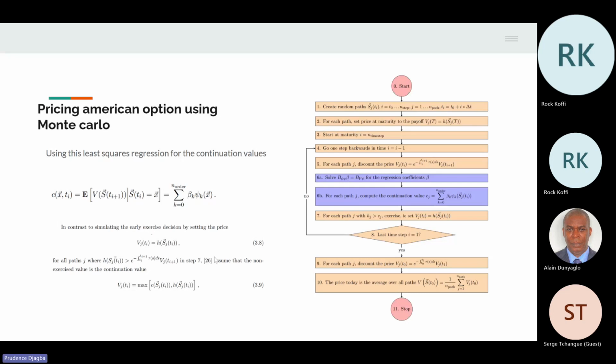So in the algorithm here at step 7, we need to notice that whenever the cash flow at time t is greater than the continuation that we just evaluated, we just set the price as the payoff at that time. But if not, we just set the price as the continuation value that we got at that particular time on a specific path.